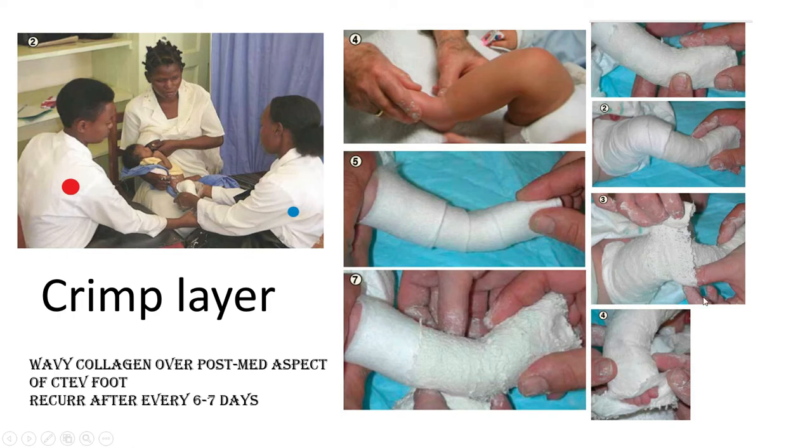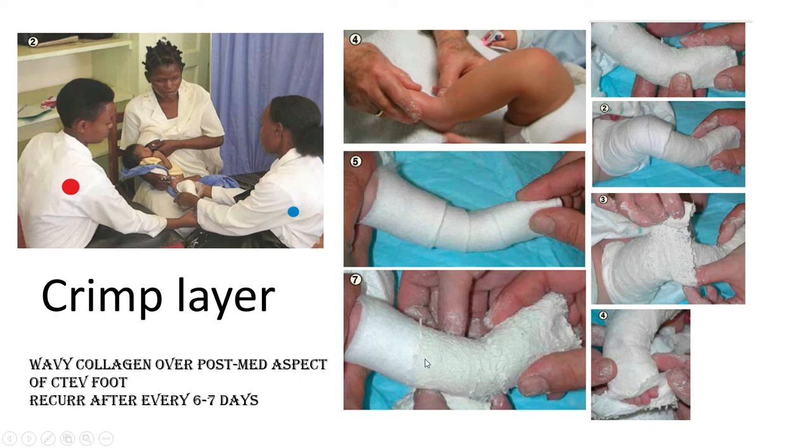Now, why do we do plaster above knee? First of all, it helps to prevent slippage of the plaster. Second, it will hold the abduction which has been done in the foot. Otherwise, if we do abduction and don't extend the plaster above knee, it cannot hold this external rotation.